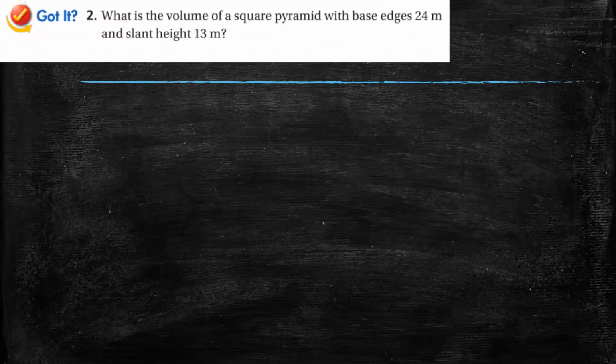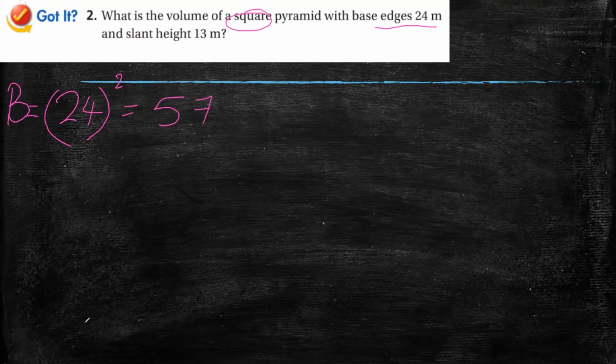Here we have a pyramid with a square base. So because it's a square, I need to find the area of the base. The area of the base, it is a square, and the length of any edge is 24. So I will say it's 24 squared, which is 576 meter squared.